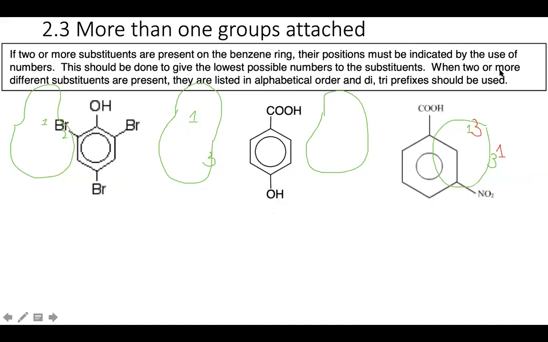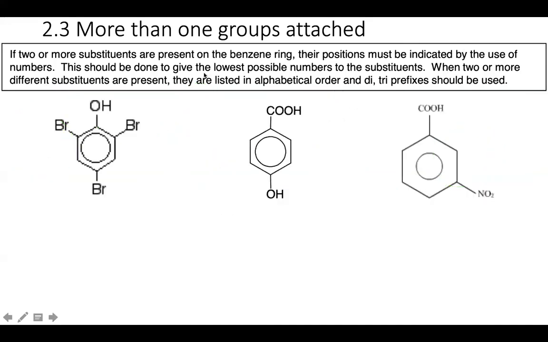Next. If 2 or more substituents are present, okay, same thing. This time your principal chain is this. Benzene with an OH. If you go back to the previous part, benzene with an OH is called a phenol.